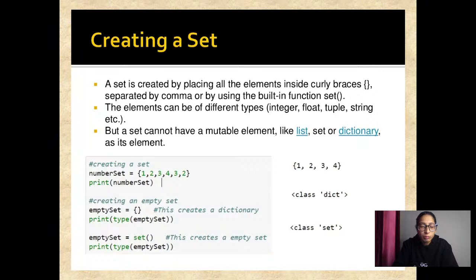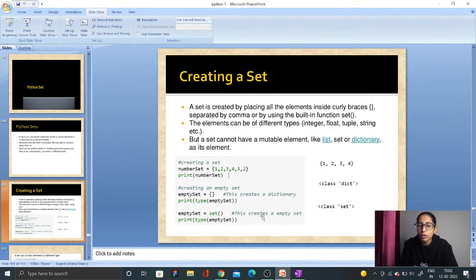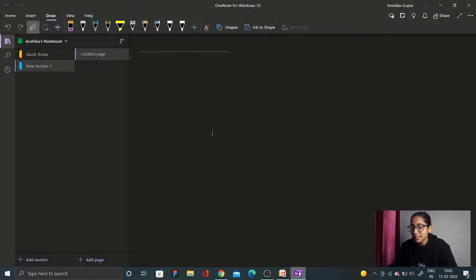The elements can be integers, floats, tuples, or strings. But a set cannot have mutable elements like lists or dictionaries.